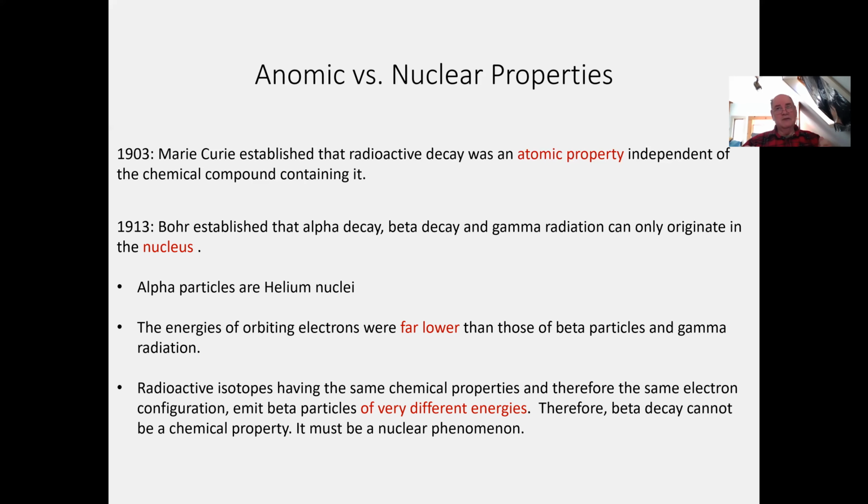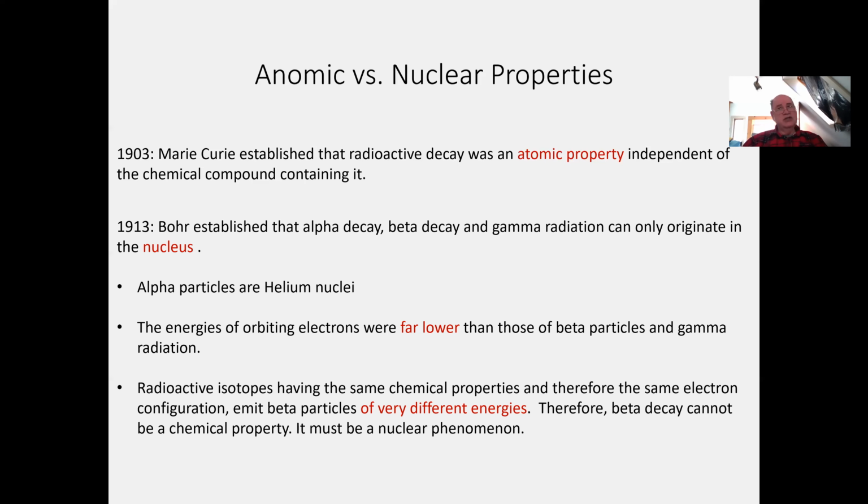And therefore they were coming from a fundamentally different process. Beta decay had nothing to do with the planetary electrons falling from one state to another or being shot out from one state to another. No, this was a different level of energy. We're dealing now with, somehow or other, electrons inside the nucleus being shot out in beta decay.